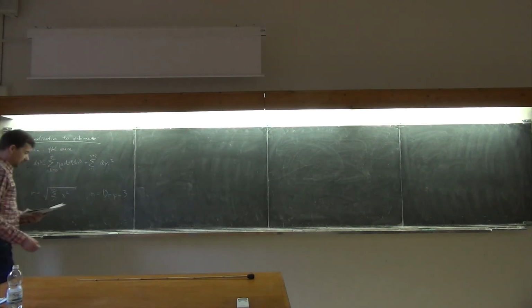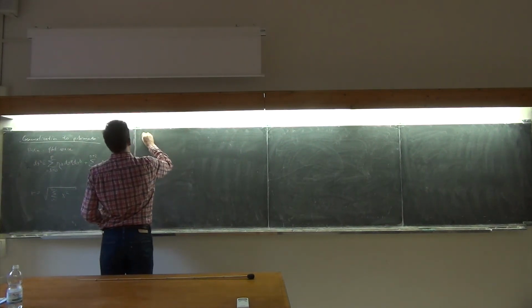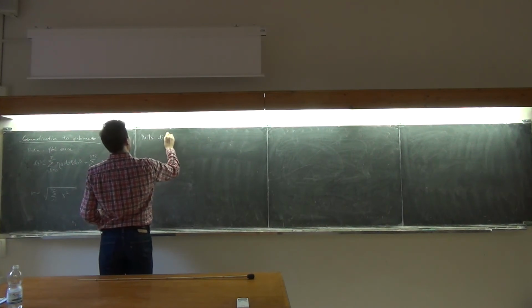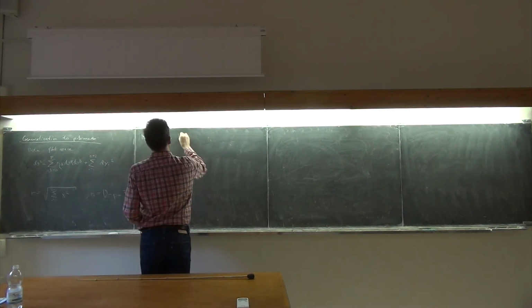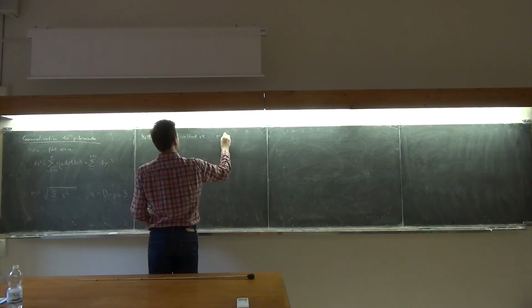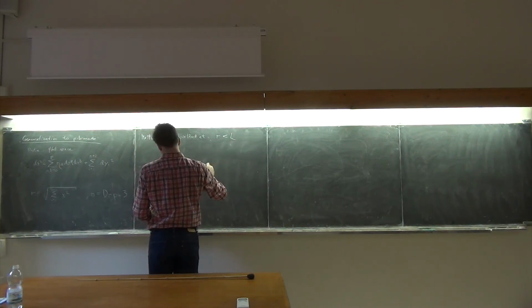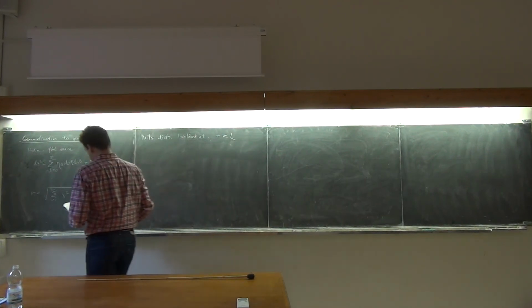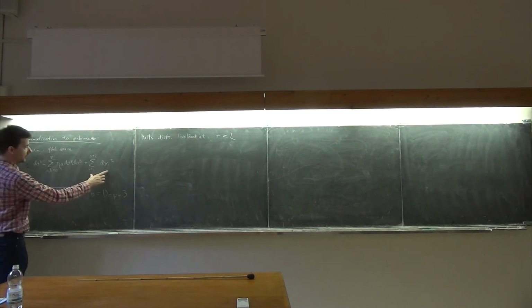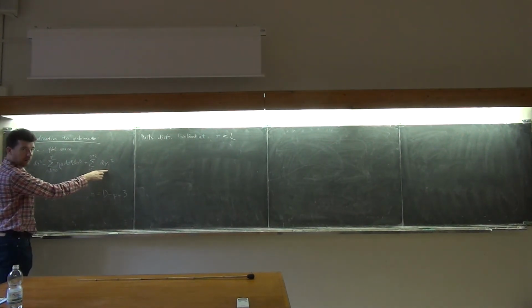So then I'm going to say that the matter distribution is localized at r less than L. So you can say it's localized around the origin of this part of space-time.